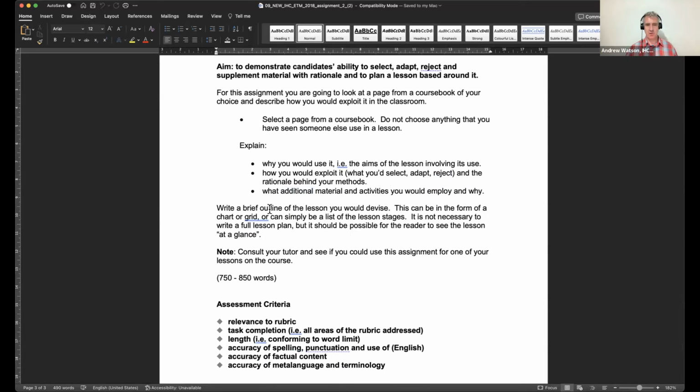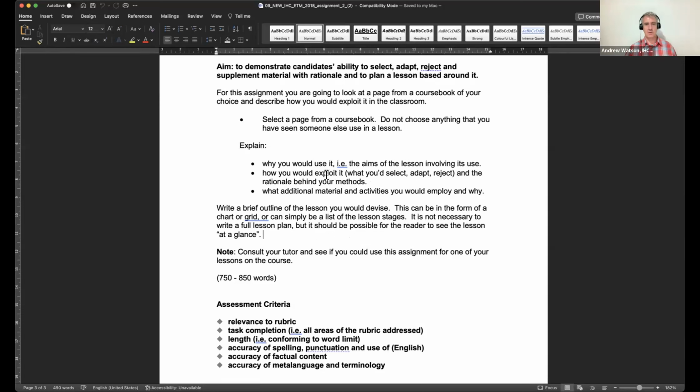You can then write a brief outline of the lesson you would devise. It can be in the form of a chart or a grid, or it can be simply a list of the lesson stages. It's not necessary to write a full lesson plan, but it should be possible for the reader to see the lesson at a glance.